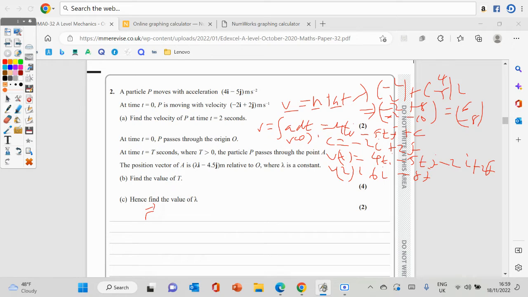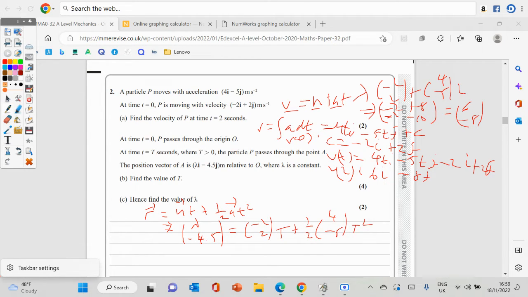is that I know the distance r is going to be ut plus a half at squared. So I'm going to go lambda minus 4.5. Then I'm going to put that equal to minus 2t plus a half of 4 minus 5t squared.